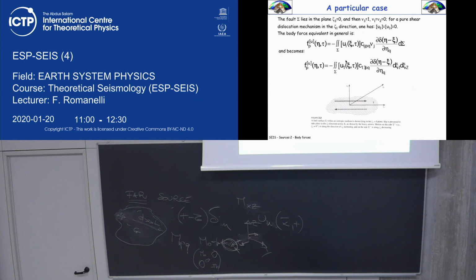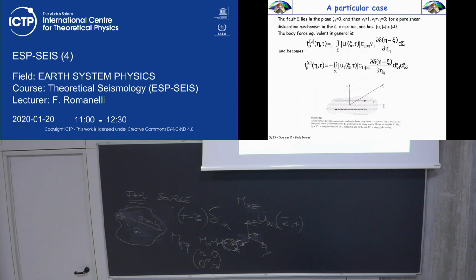Now, the general expressions of a body force equivalent that we found some slides ago are like this. These are the general expressions. Question: what do they become when we consider this case here?